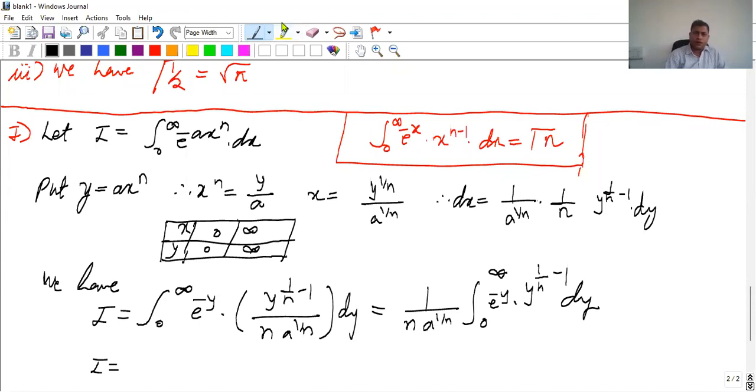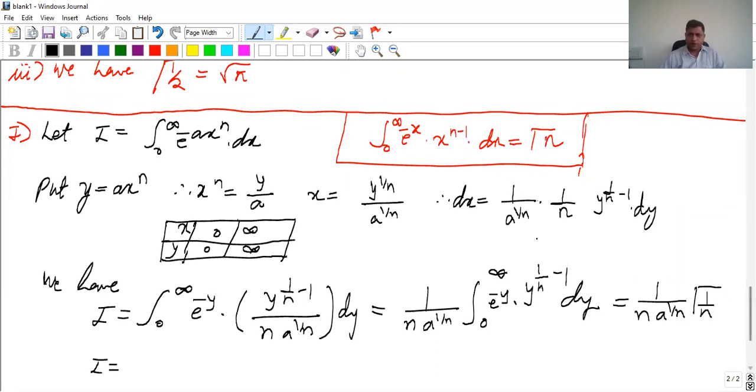If you compare this, instead of n, we have 1 by n. So the gamma of 1 by n will come. So it will be 1 upon n a raised to 1 by n, and this will be gamma of 1 by n.